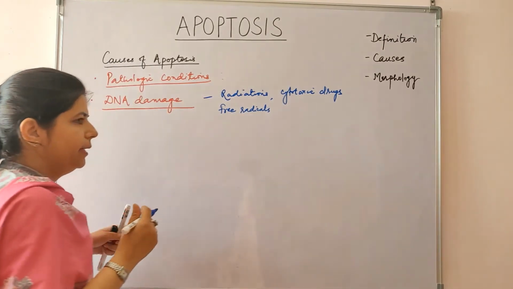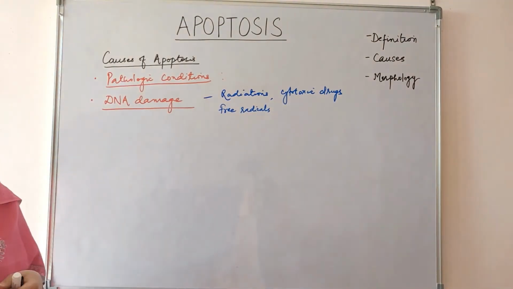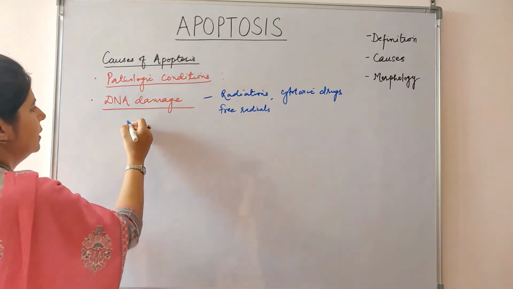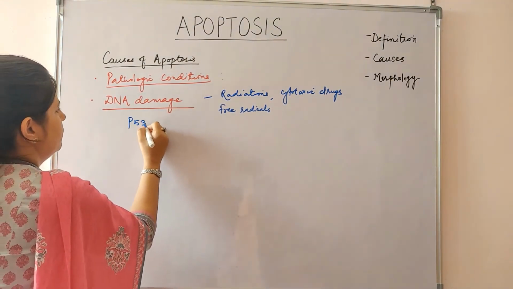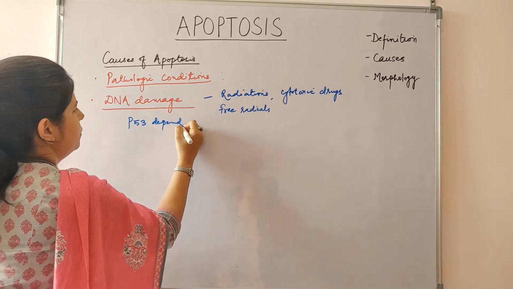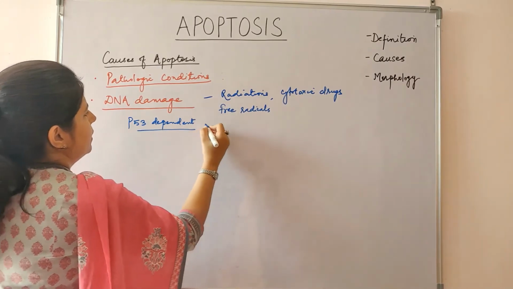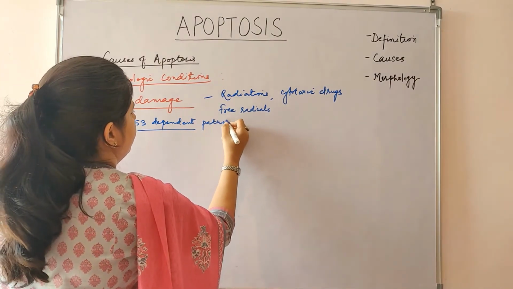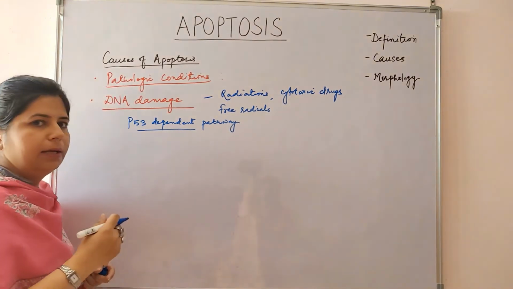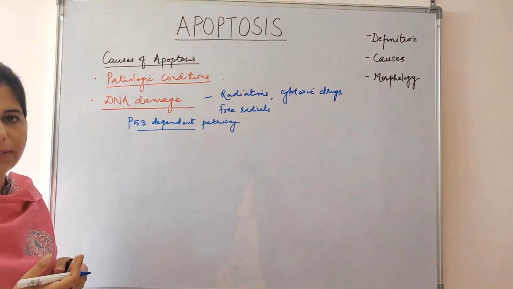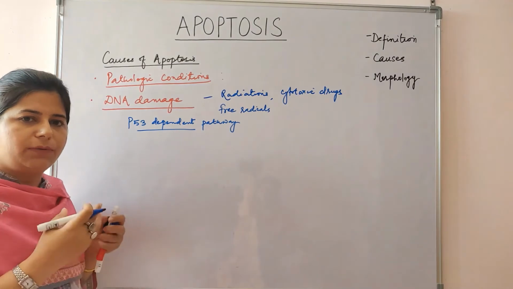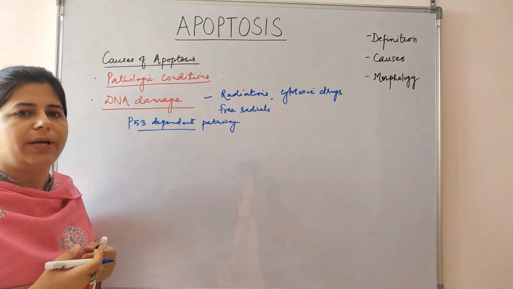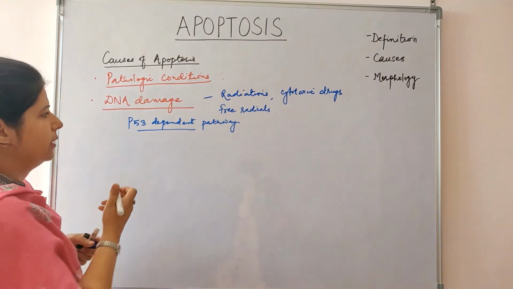So what happens when DNA gets damaged? The p53 dependent pathways come into play. They try to repair the DNA, and when this repair mechanism fails, then p53 triggers cell death by apoptosis, by the mitochondrial pathway.